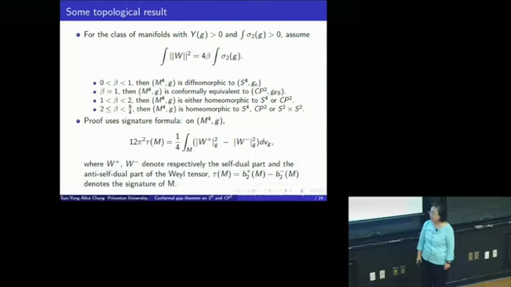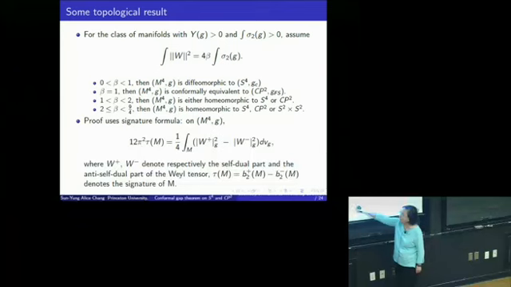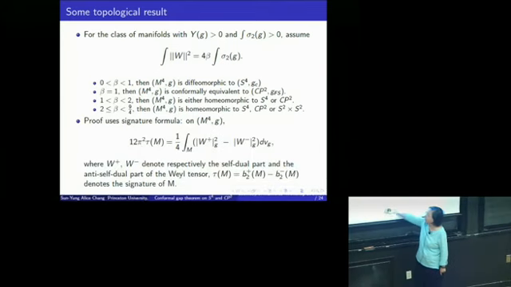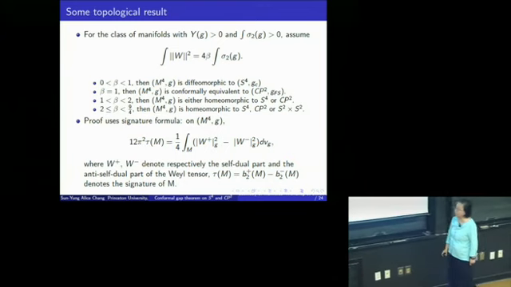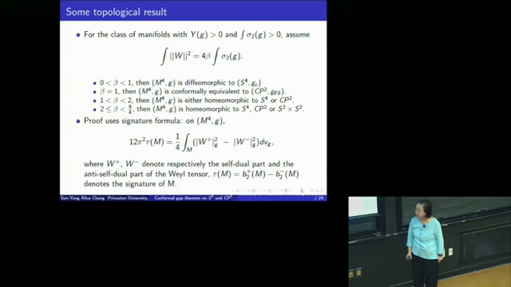Because in our class of manifolds, this second functional, the integral of sigma 2, already has a natural bound 4 pi square. So there is some constraint on the ratio. And in the signature formula, there is the self-dual part of Weyl square minus the anti-self-dual part of the Weyl square. So combining this, we get a topological result. Takes some work, but it's basically an observation from these 2 formulas.